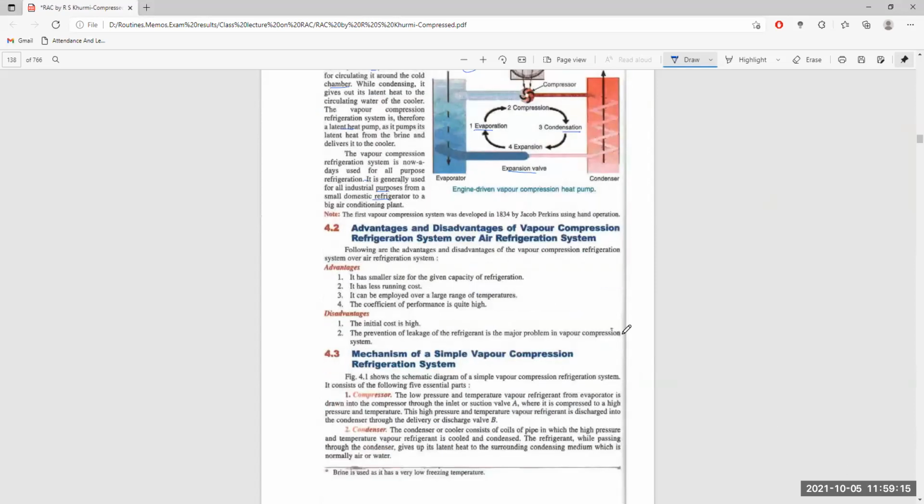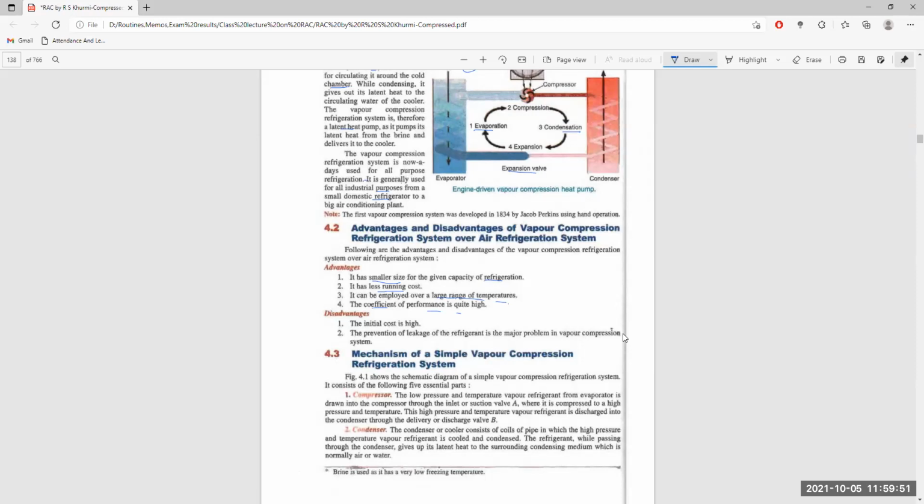What is the advantage? It is smaller in size for the given capacity of refrigeration. It has very low running cost, because once you fill the refrigerant, you don't have to replace it, as it can last for long, and it can be employed over a large range of temperature, according to the melting point and evaporating point of the refrigerants. We can choose the refrigerant as per our own need. The COP, coefficient of performance, is comparatively high in comparison to the air refrigeration system.